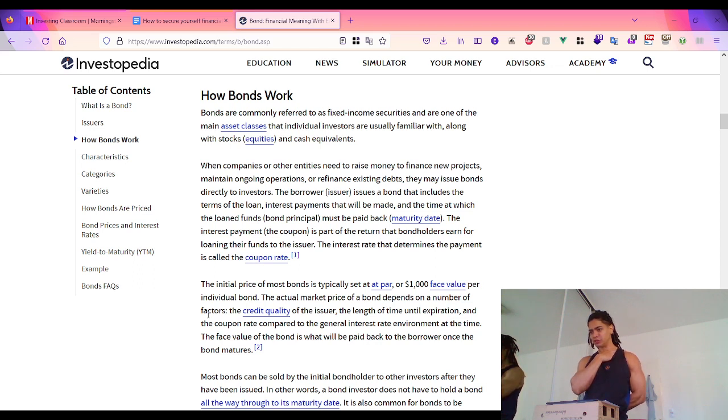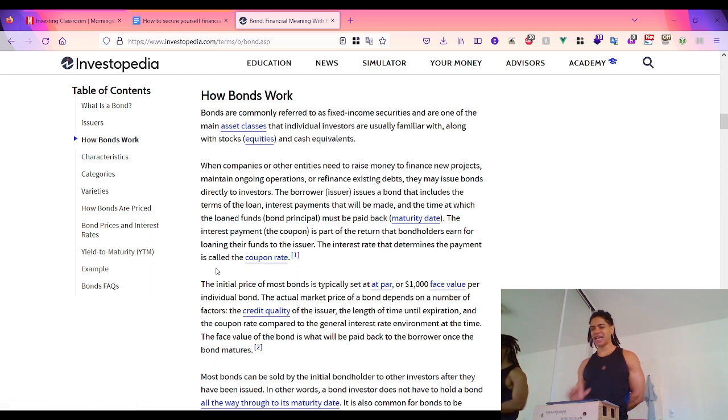The borrower issues a bond that includes the terms of the loan, the interest payments that will be made, and the time at which the loan funds, the bond principal, must be paid back. That is the maturity date. The interest payment, the coupon, is part of the return that bondholders earn from loaning their funds to the issuers. The interest rate that determines the payment is called the coupon rate.